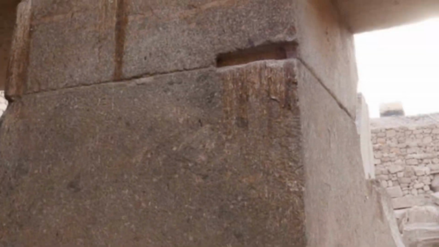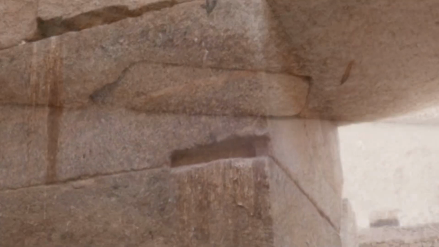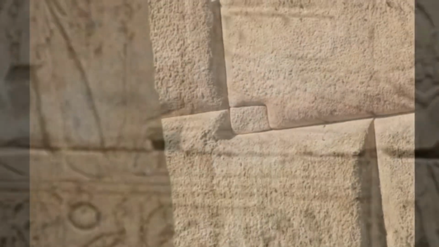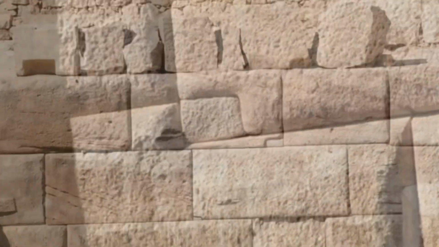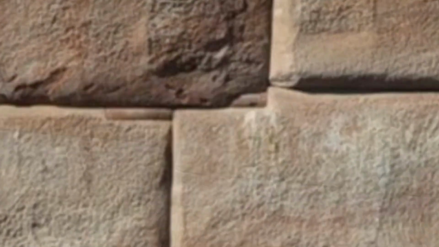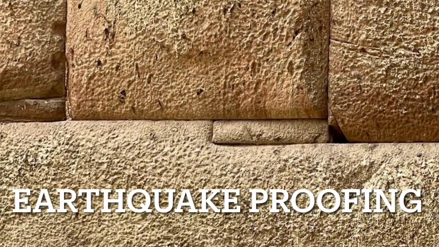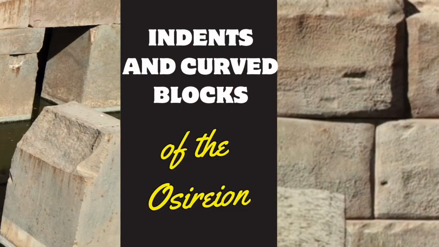So people say that these blocks are because something was wrong with one of the bigger blocks, and so they carved out a little space and popped in a little block. I don't see that. I don't think that's correct. I think it's got to do with something else. I'm pretty sure I know what those little blocks are for.